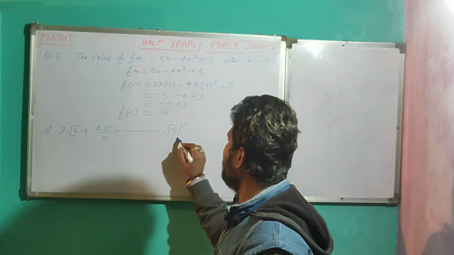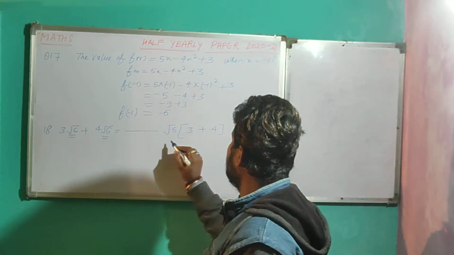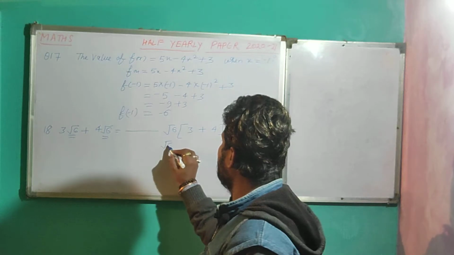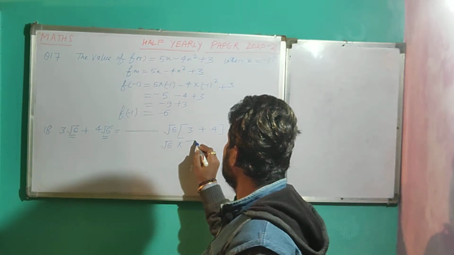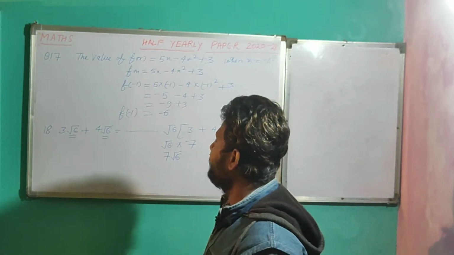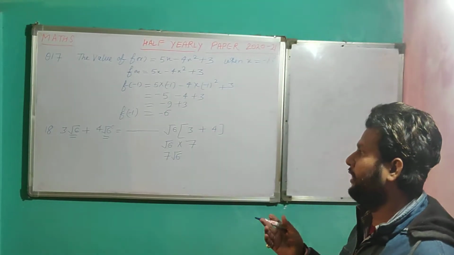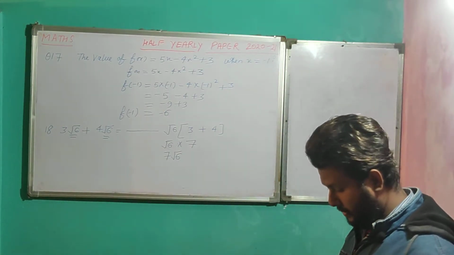What we get over here? 3. What we get over here? 4. 3 plus 4 is 7. So this is root 6 into 7 and this can be written as 7 root 6. So the addition of 3 root 6 plus 4 root 6 will be equal to 7 root 6.